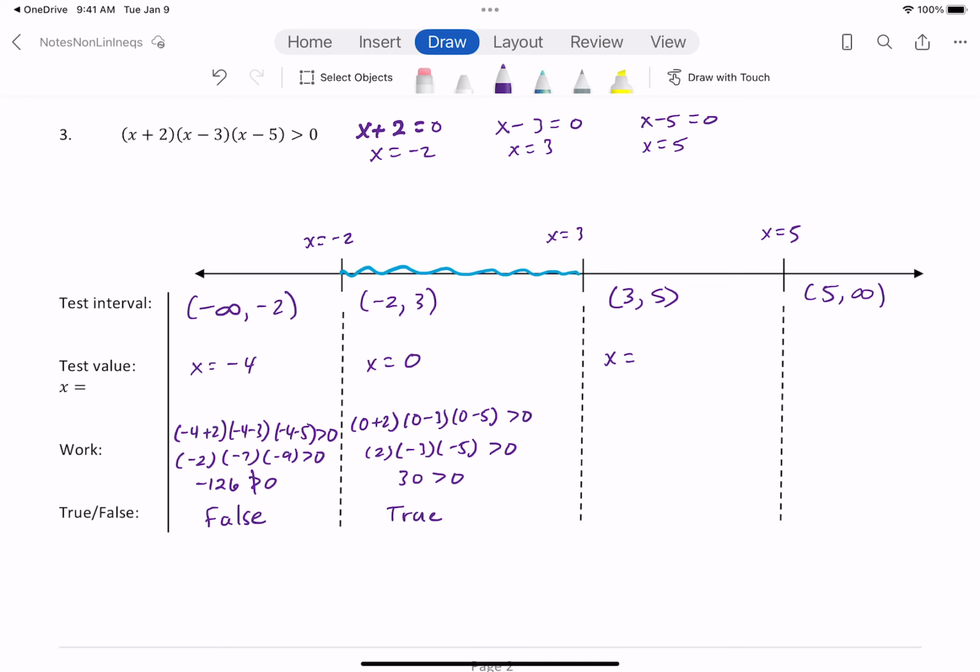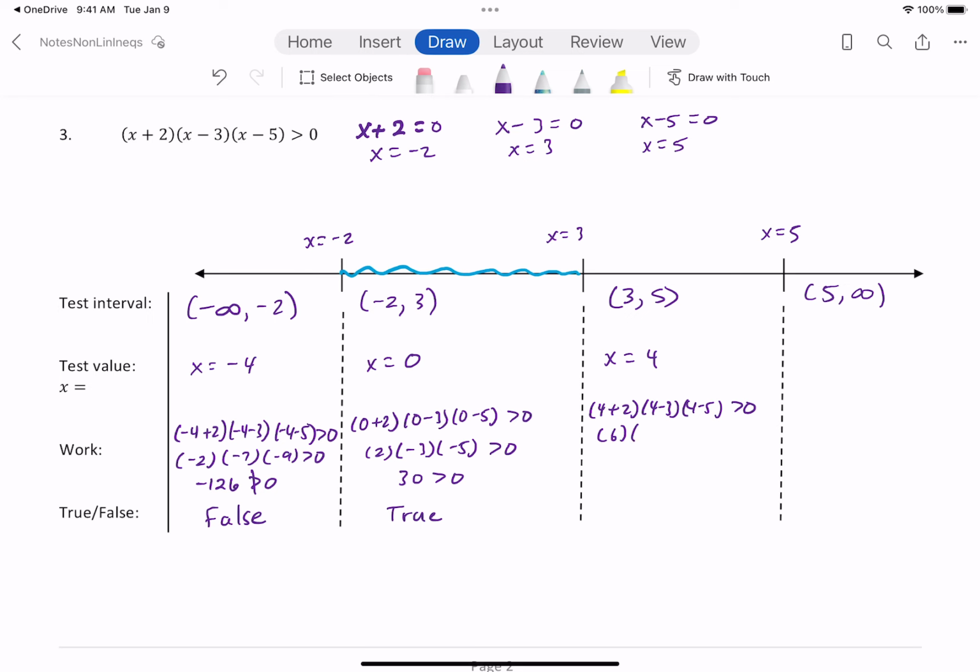Now between 3 and 5, you actually have an infinite number of choices, although it looks like you don't. But if you're like me, I'm going to choose the integer. You could choose 3.1, 3.5, 3.7, 4.2, but I'm going to make it easy on myself and pick 4. So if I plug that in, I get 4 plus 2, 4 minus 3, 4 minus 5.